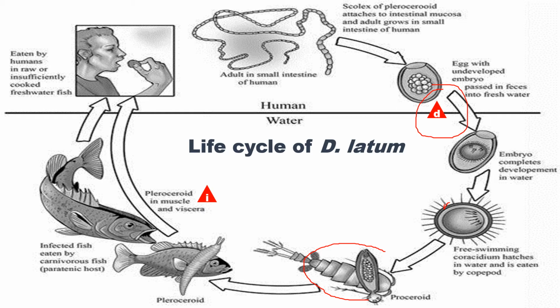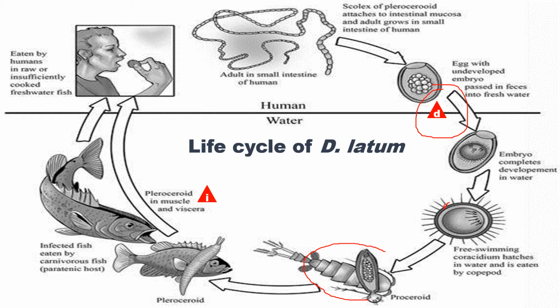And inside the freshwater fish, the procercoid will develop into plerocercoid larva, or what we call the sparganum. Okay? So, it goes to the fish, usually in the muscles or in the viscera of the fish.